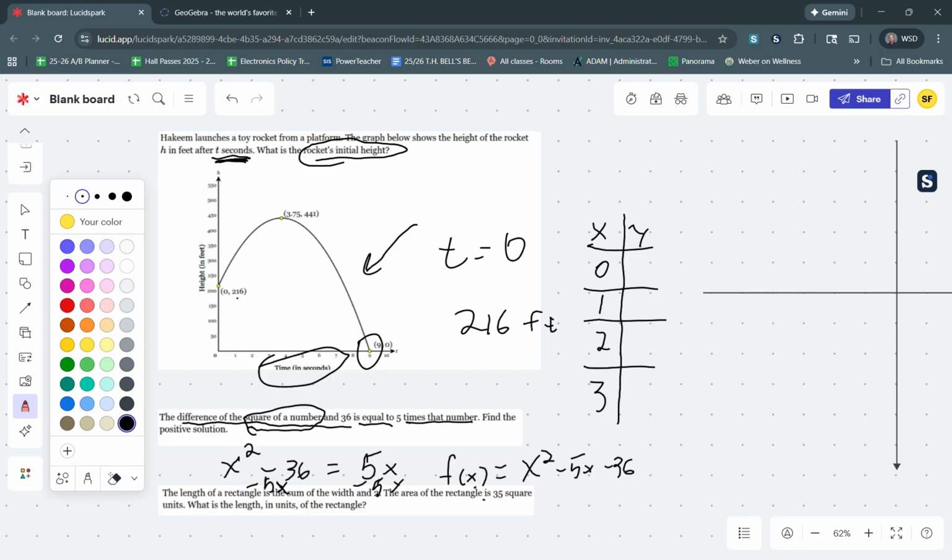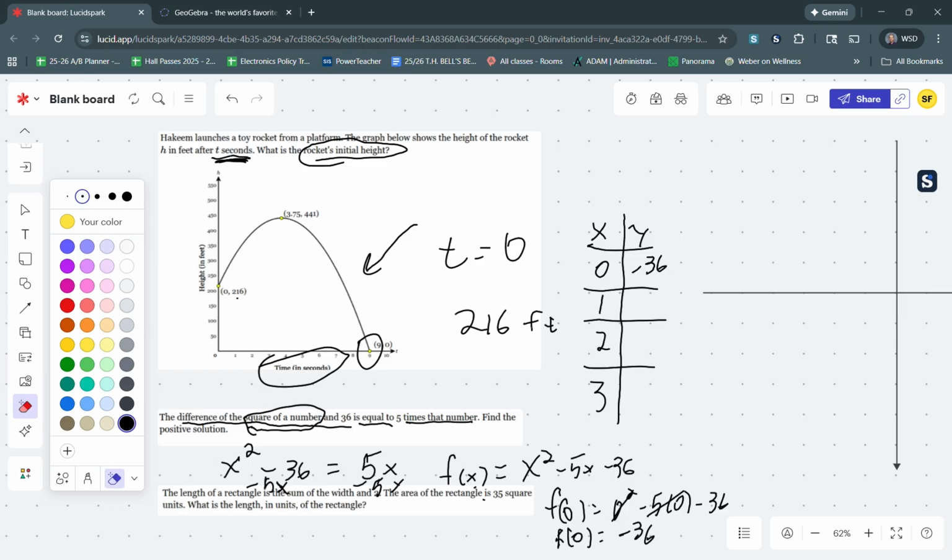That first one would give us f of 0 equals 0 squared minus 5 times 0 minus 36. So we get f of 0, 0 squared is just 0, negative 5 times 0 is 0, so we end up with negative 36. And that gives us our first ordered pair.